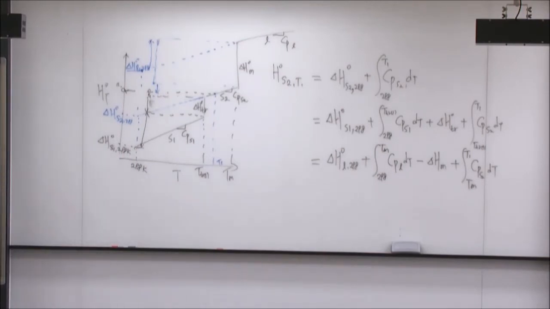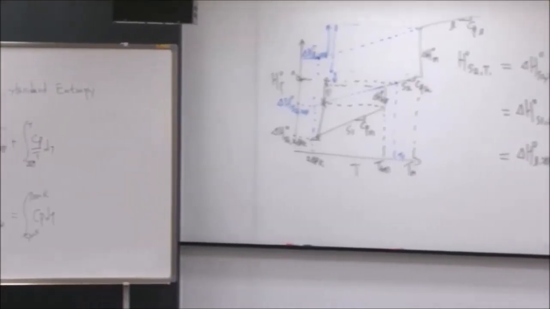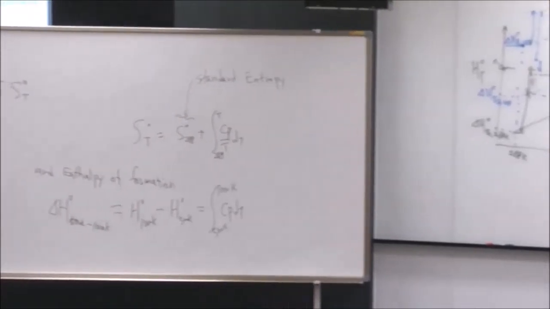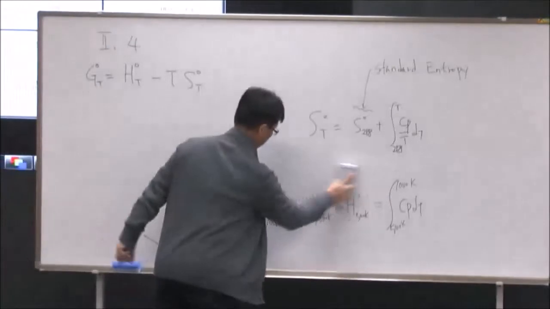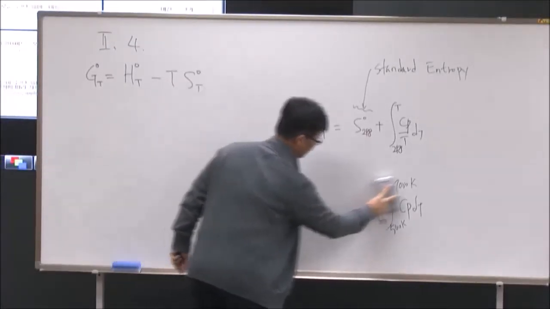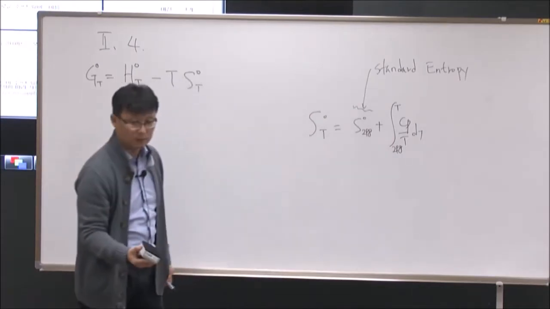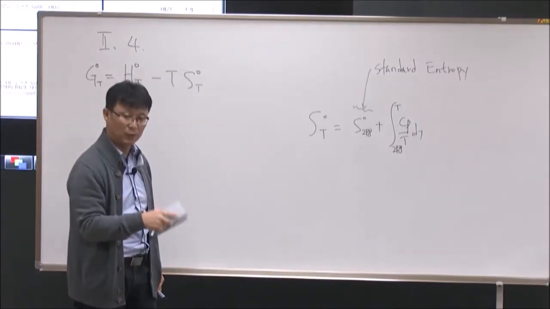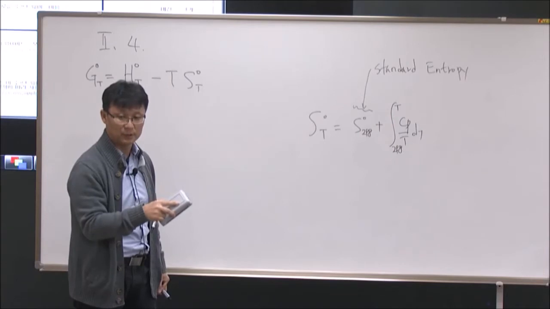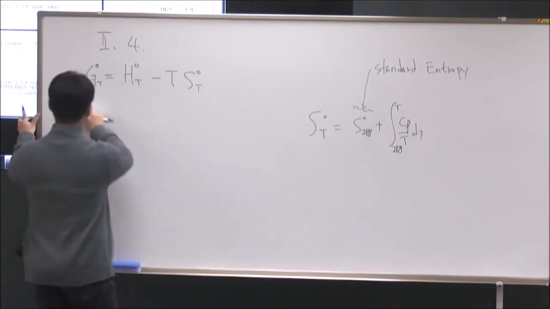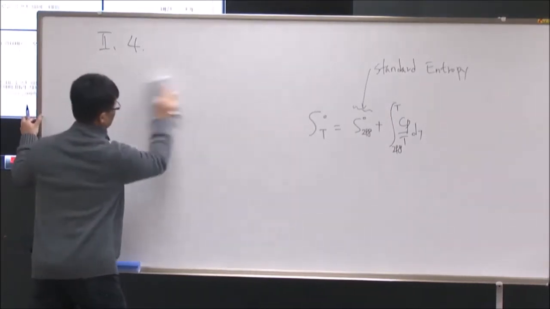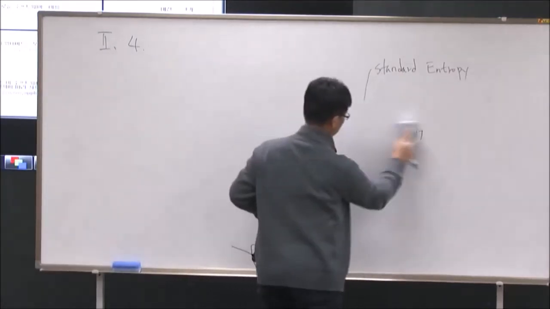So now, let's go back again. So this is for the given material, okay, at the given temperature. So what's the Gibbs energy of the given material at a certain temperature, and what's the enthalpy of the given material at a certain temperature, and etc. And now let's look at one more interesting thing here.